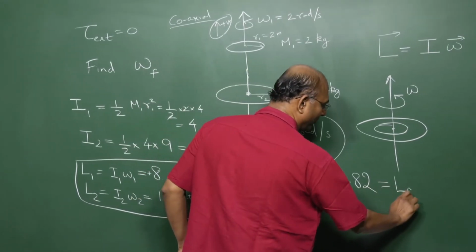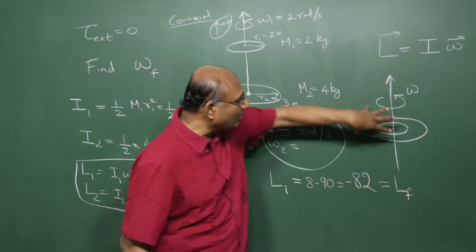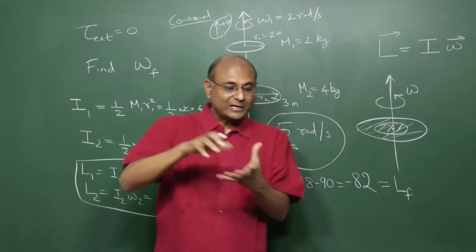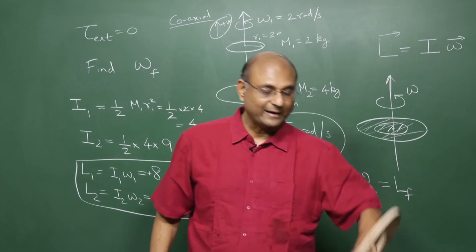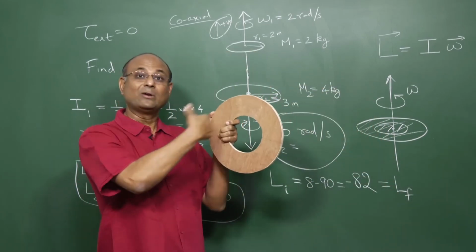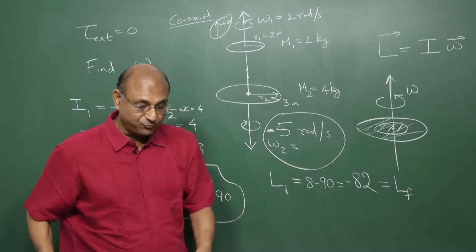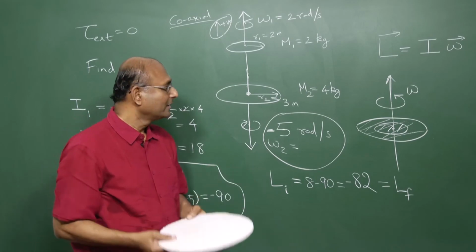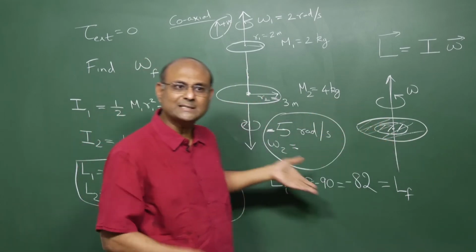But if you take the angular momentum final, you have this disk and that disk. It is not like a disk where you have cut this part out. What is that kind of a thing called? Annular disk. This is not an annular disk. It is a full disk, and on this full disk I have placed one more full disk. So the moment of inertia just simply adds up.